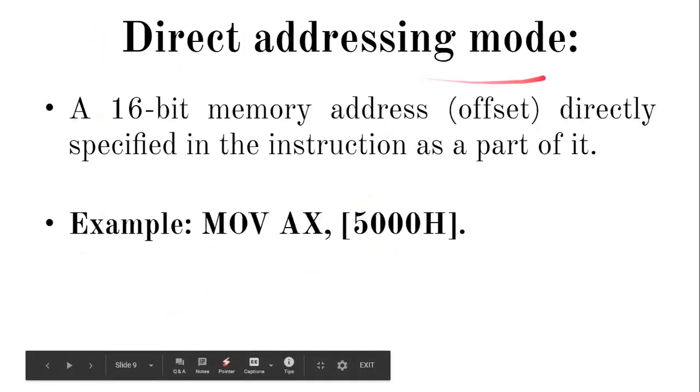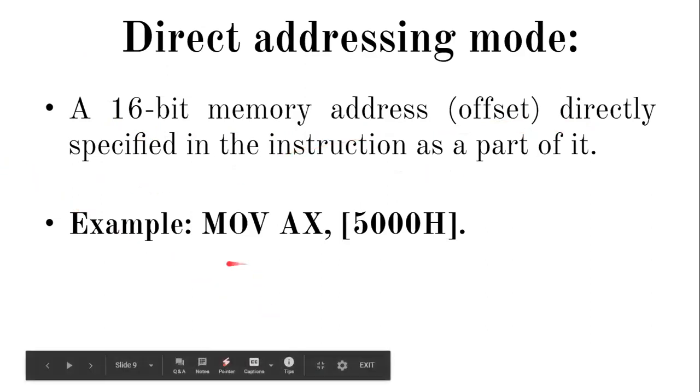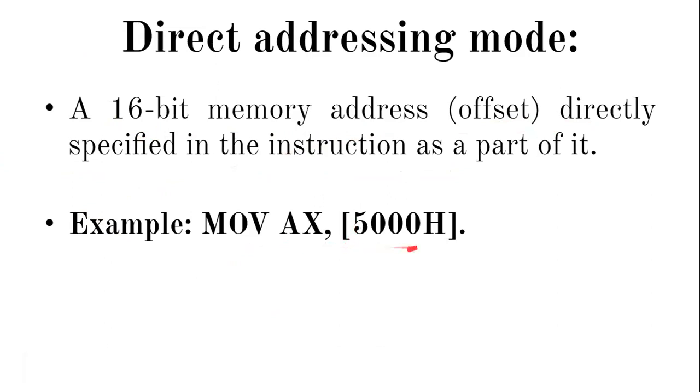The third one is direct addressing mode. Direct addressing mode means the address or the memory location of the data is specified directly in the instruction. The offset address is specified, and we know that the offset address is a 16-bit address. That 16-bit memory address is directly specified in the instruction. For example, here we have MOV AX, [5000H].